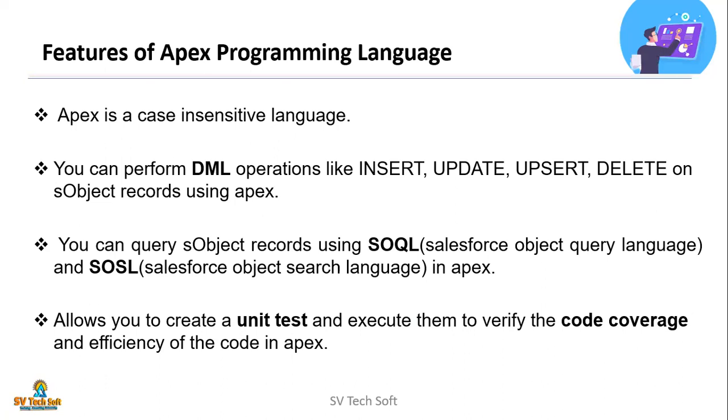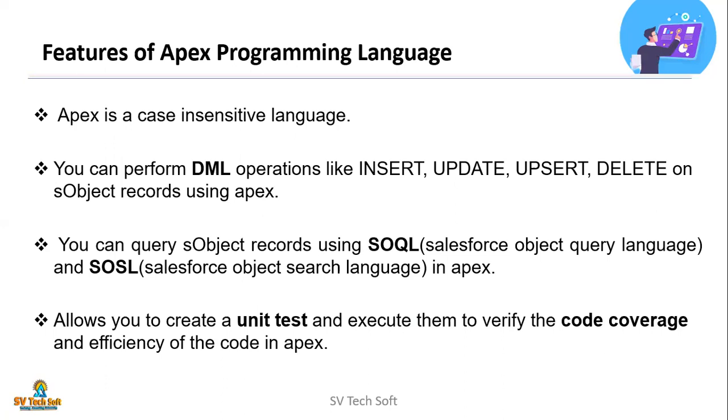Apex also allows you to create unit tests, execute them, and verify the code coverage and efficiency of the code. We already discussed in our administration sessions that there is a deployment process. What is the meaning of deployment? Moving components from one environment to another.